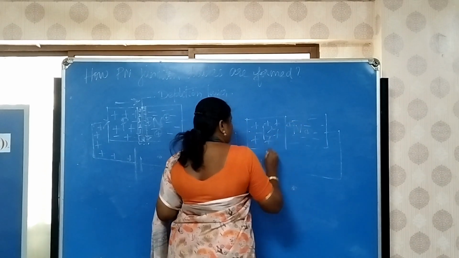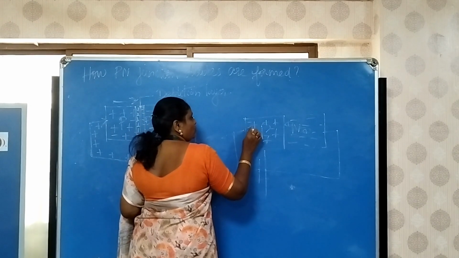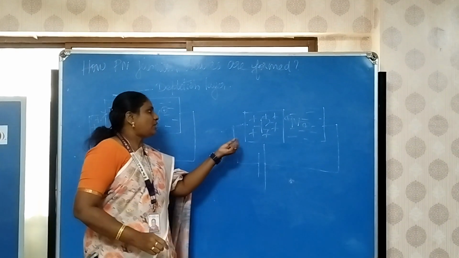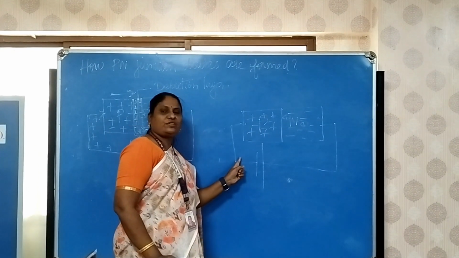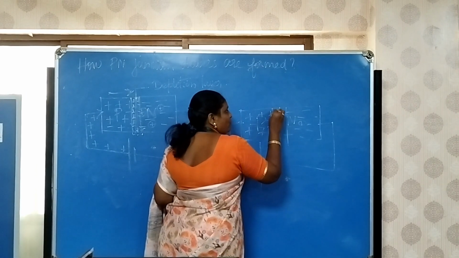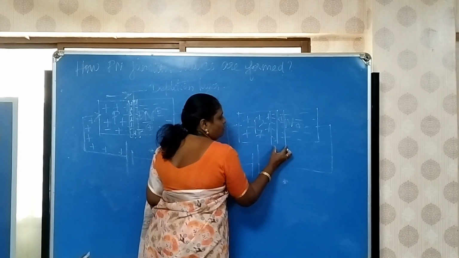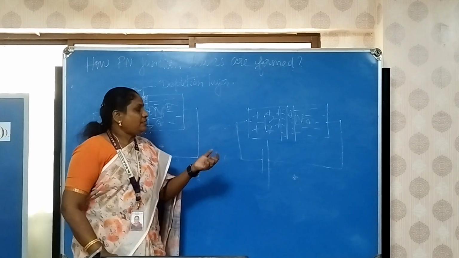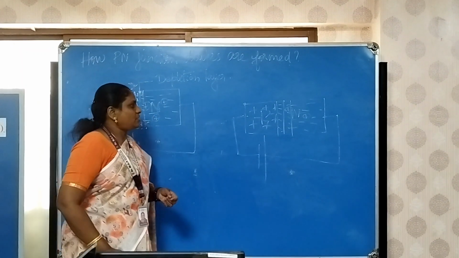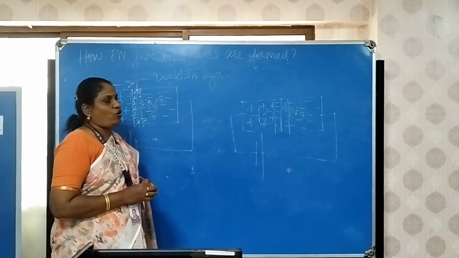With the negative supply voltage, the positive carriers are attracted towards the negative region. So the width of the depletion region will be wider in the reverse bias condition, and conduction does not take place. This is how PN junction diodes are formed.